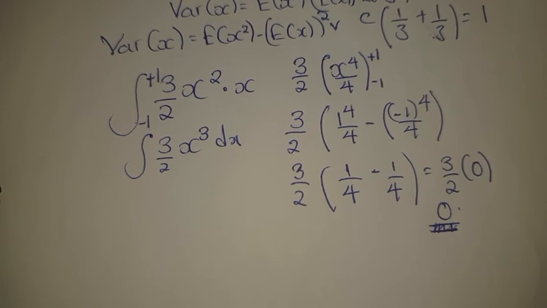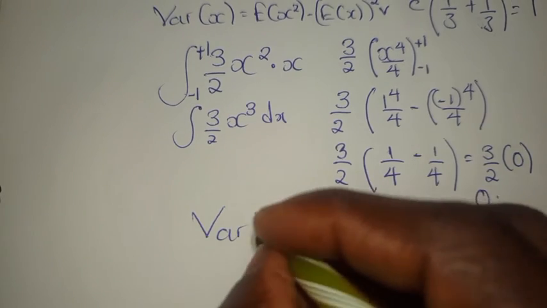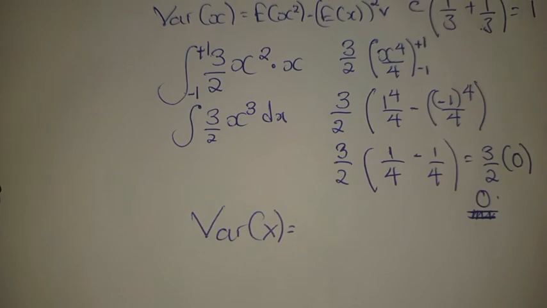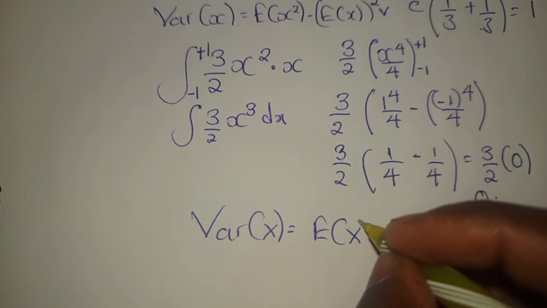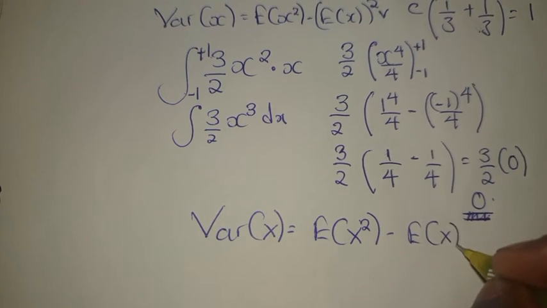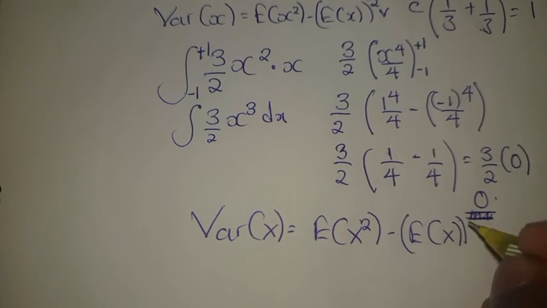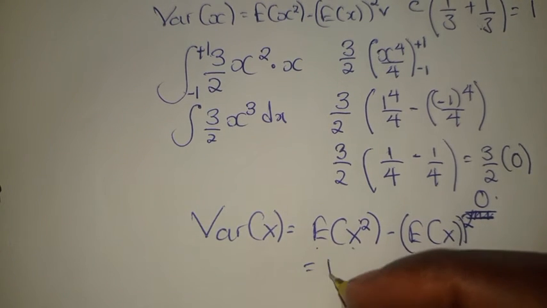Remember, they further want you to calculate the variance of x. We know that for you to find the variance of x, the formula we have, as we discussed earlier, is this formula here, where the expected value of x squared, you do not have it.